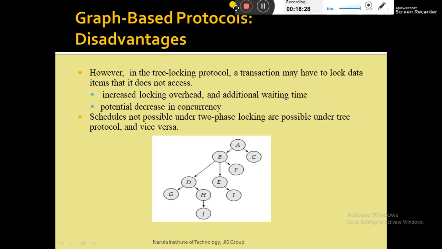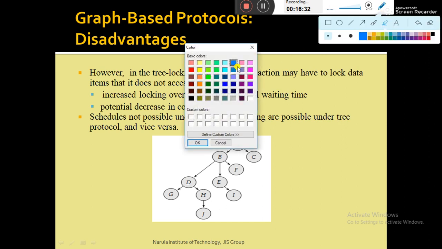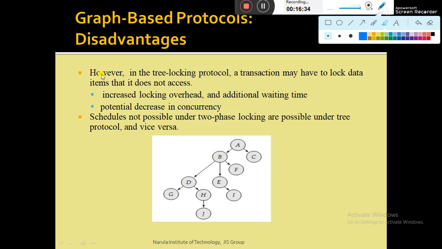Now, the disadvantage of the graph-based protocol is that in the tree-based locking protocol, a transaction may have to lock data items that it does not need to access.